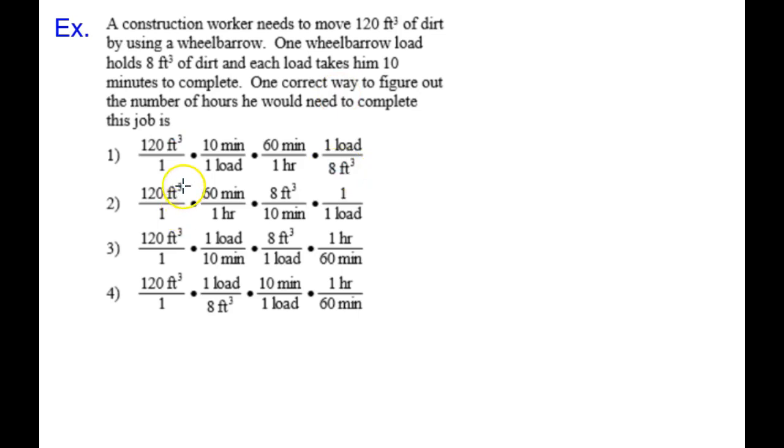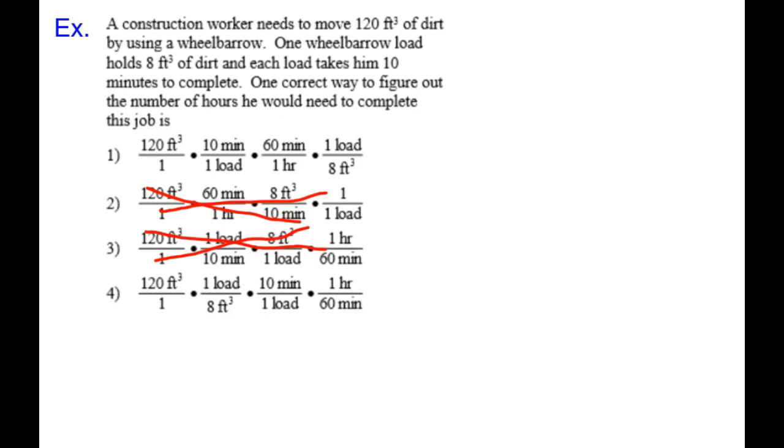In the second one, we have cubic feet in the numerator and cubic feet in the numerator. Those units will not cancel out, so number 2 is written incorrectly. Number 3 is also written incorrectly because there's cubic feet in the numerator and numerator. It will never cancel out. Then number 4 has cubic feet in the numerator and denominator. So right away, just with that first step, we only have options 1 and 4 left.